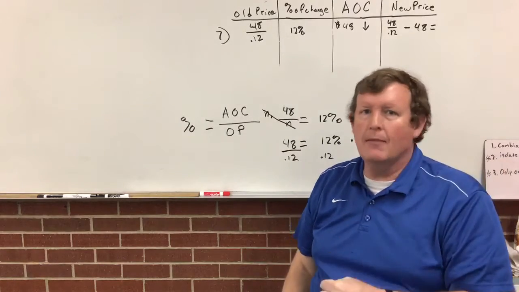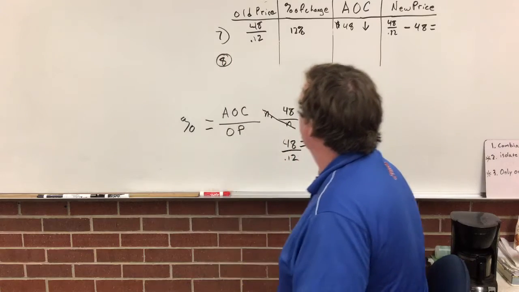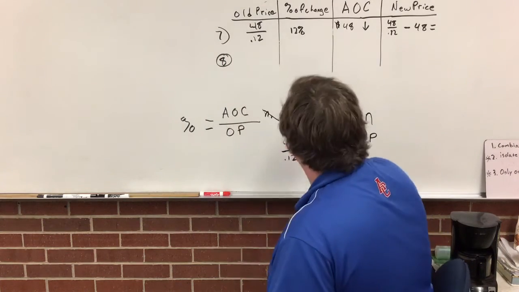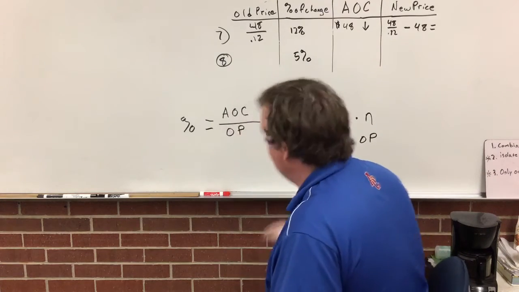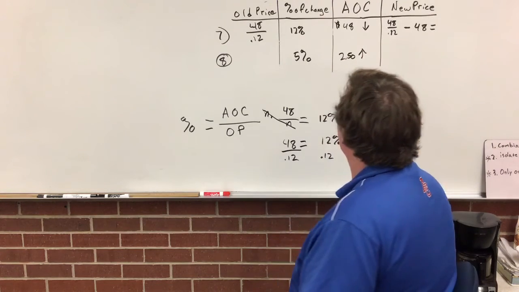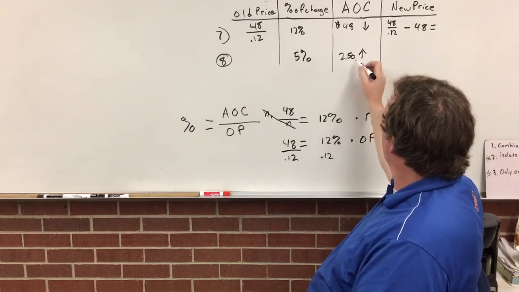We're going to do the same thing for number 8, and I'm going to put number 8 right underneath. I promised I would erase, but I'm not going to. So number 8, they have a 5% markup, and the price is $2.50 going up. So let's go back. What did we do last time?